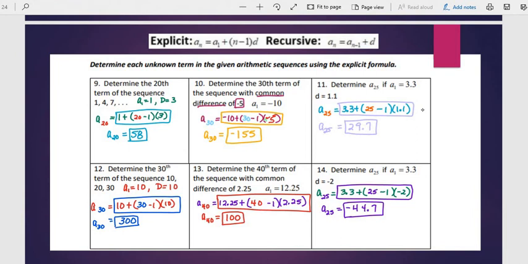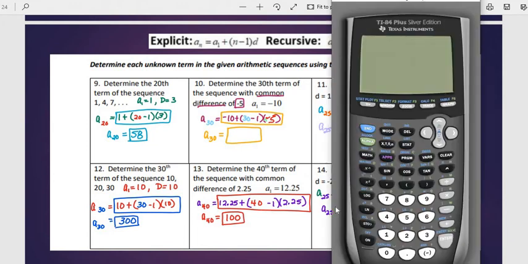Now I'm going to bring up my calculator. I'm going to erase this right here, and I'm going to take this and put it back into the graphing calculator.